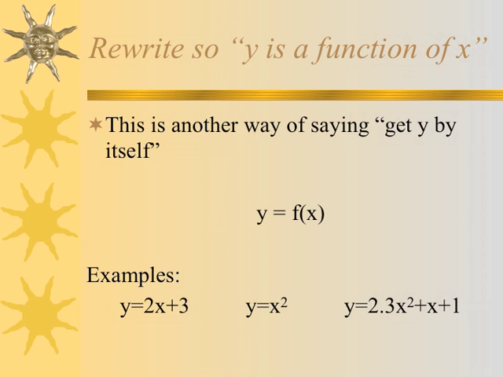So examples of equations that are written so that y is a function of x: y equals 2x plus 3. Again, I can drop in whatever number I want for x and it's going to spit out a y. y equals x squared. y equals 2.3x squared plus x plus 1. These are all written so that y is a function of x. The value of y clearly depends only on what I drop in for x. And it matters that the y is all by itself.